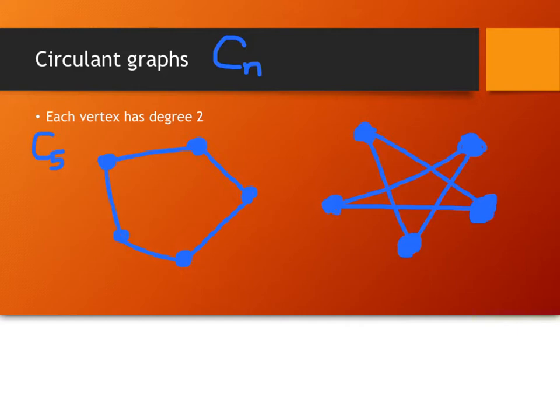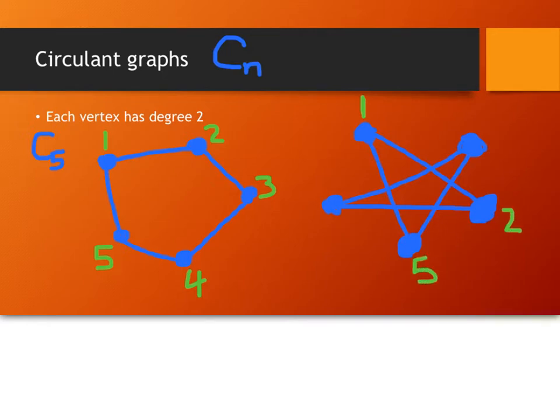So let's take a couple of things. Let's call this vertex 1. I'm going to use the numbers instead of the V1s. I'll call this vertex 2, 3, 4, and 5. Notice that vertex 1 is connected to 2 and 5, so this would be 2 and this would be 5.